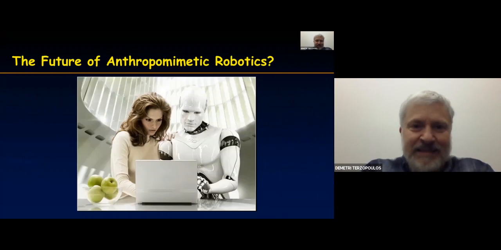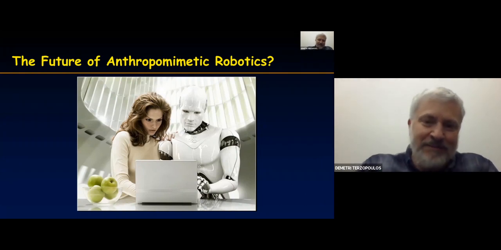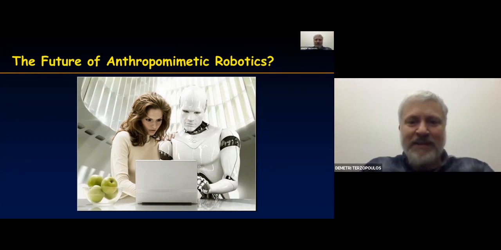It doesn't exist. This is actually a computer graphics image, in fact, that has a computer graphics photorealistic human female, plus the robot, which is not a physical robot. It's a kind of computer graphics robot.